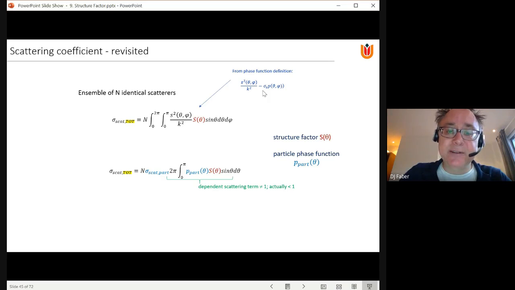All the particles are identical, so we can take that out of the integral. So then rearranging this, the total scattering cross section becomes n times, for the n particles, n times the scattering cross section of the single particle. So that is what we had before, and now this extra term that contains the phase function from this manipulation, and that still contains the structure factor.